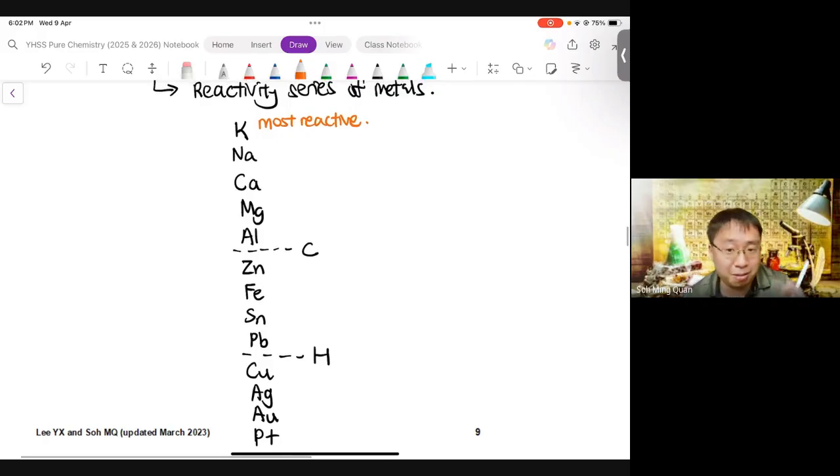Whereas Pt, right at the end, is a metal called platinum. Platinum is the least reactive metal. Okay, you may not know platinum, but hopefully you will know Au. Au, which is above platinum, second last in the series, is gold. Gold metal. Ag is silver.